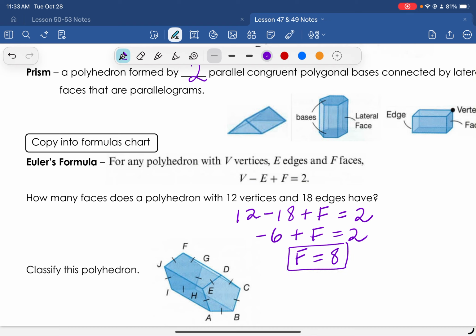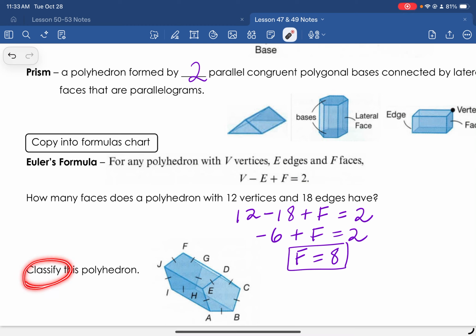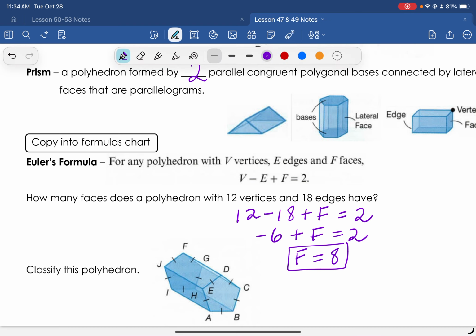All right, last question on this page. Classify, that means name this polyhedron. Take a look, find the parallel faces, count their sides, and see if you can name this figure. Now, you'll notice 1, 2, 3, 4, 5.